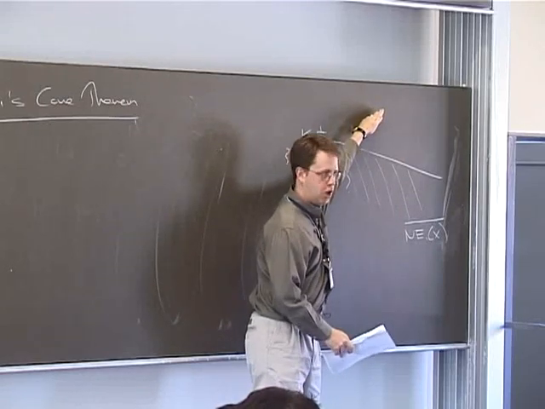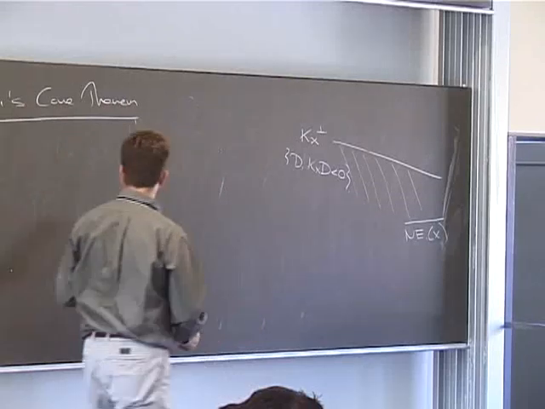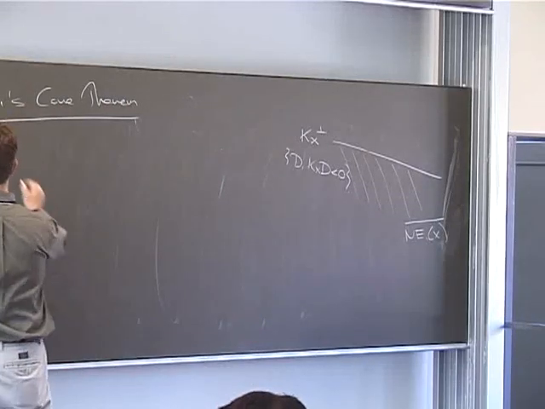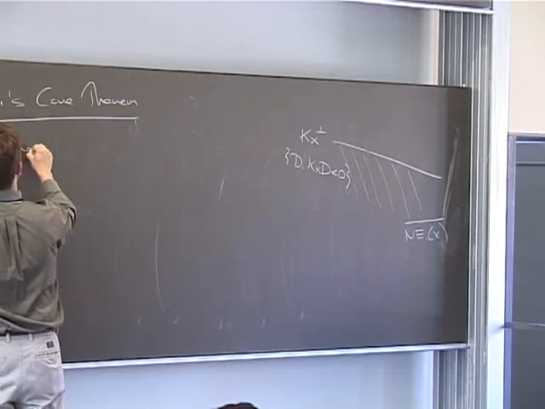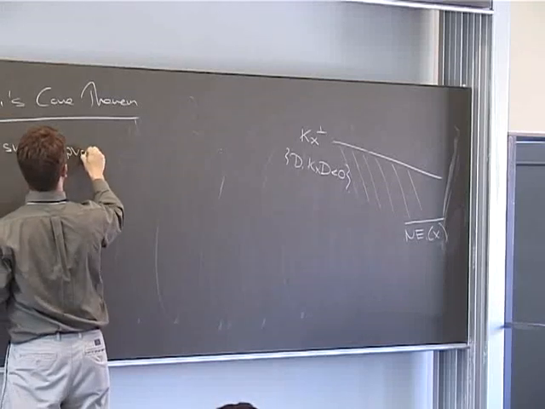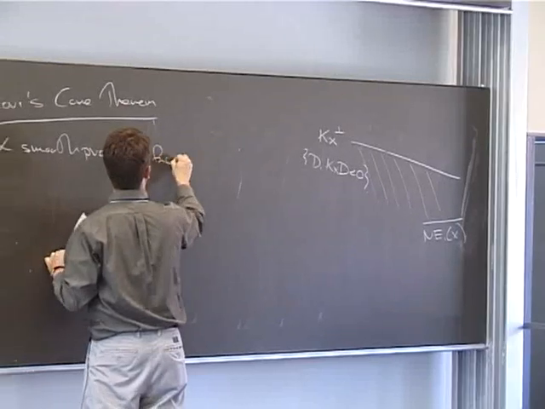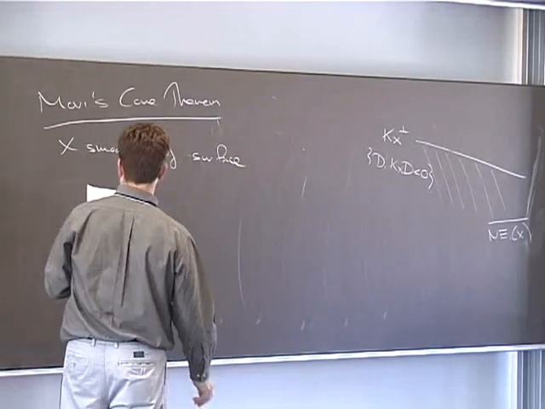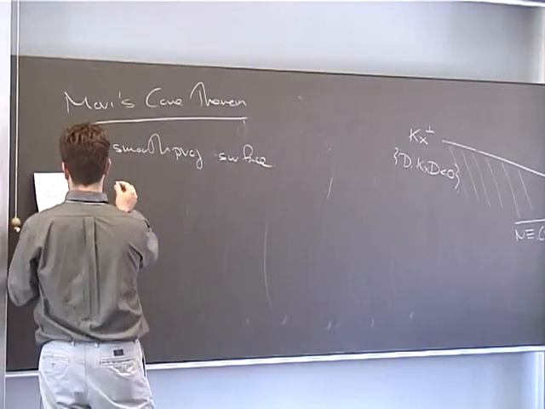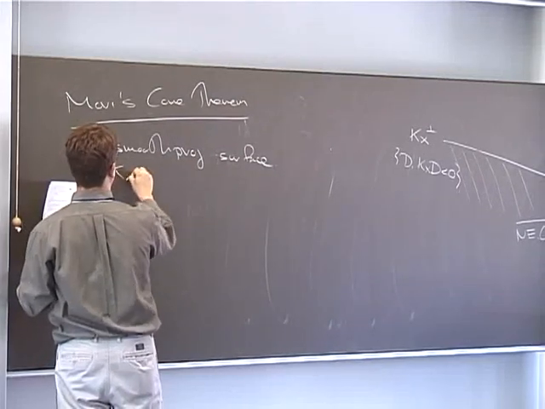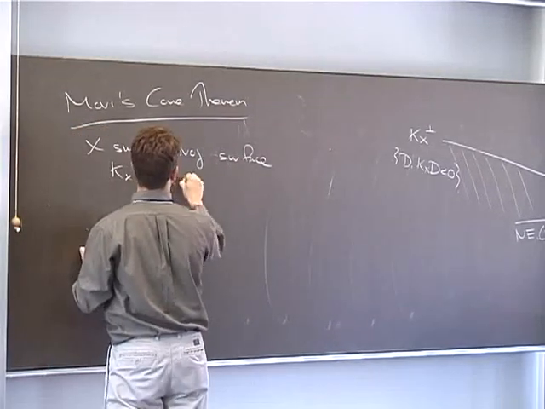That's the content of the theorem. So let me state it more formally. Let's say that X is a smooth projective surface with canonical class K_X and H ample.